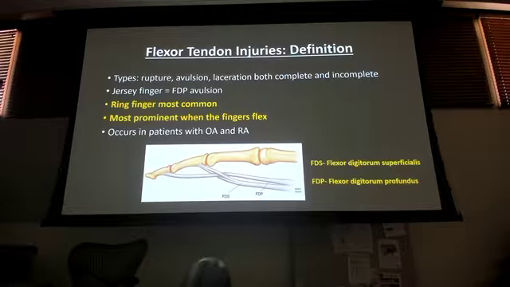It goes all the way to P3, inserts on the flexor side of P3 and allows for flexion. The FDS, the superficialis, inserts at the base of the palmar side of P2, the middle phalanx, like we just discussed. Make sense? But do you see where there's crossover here?